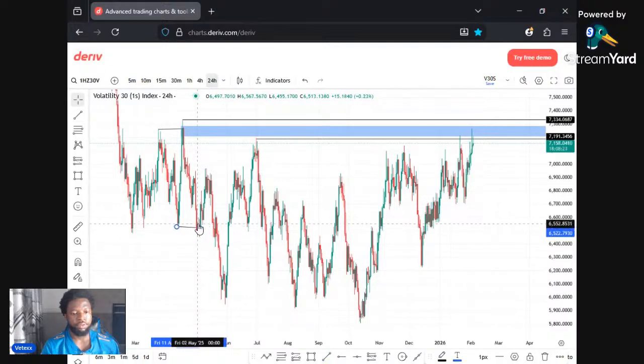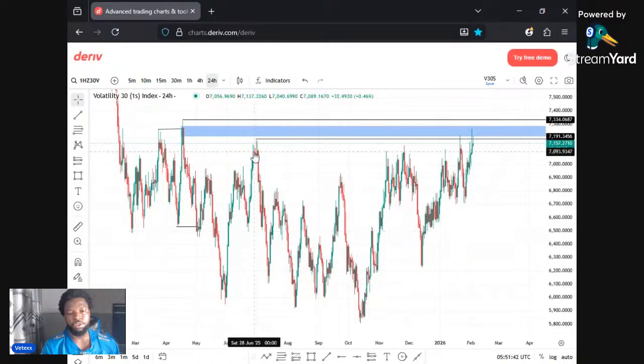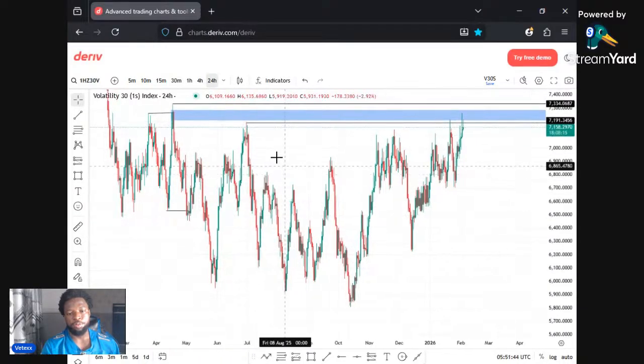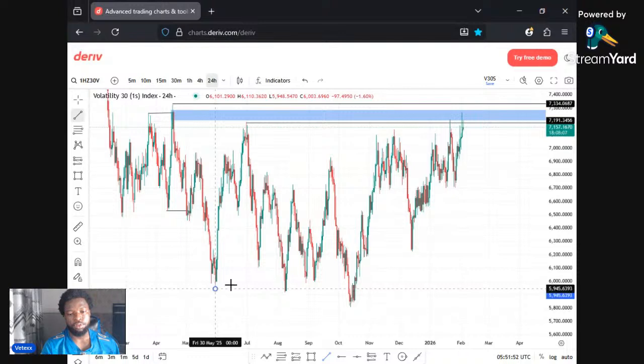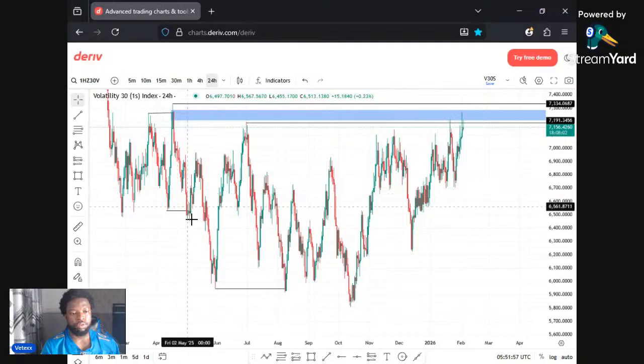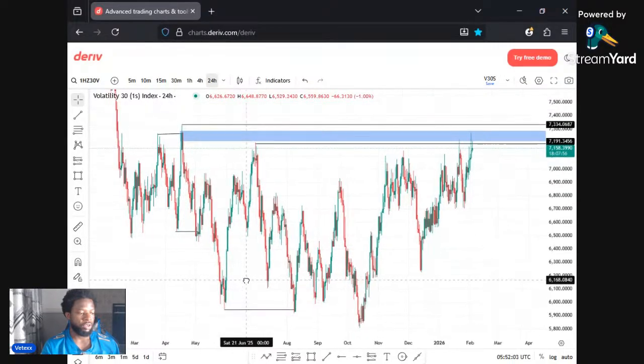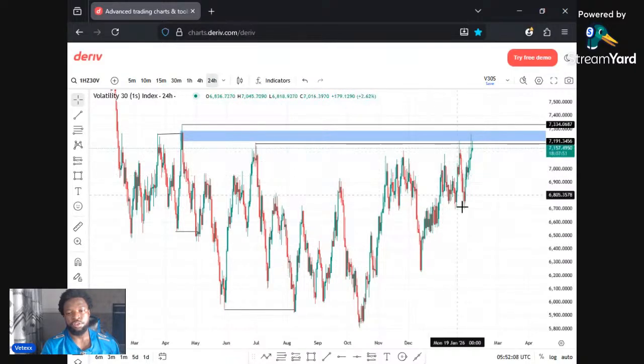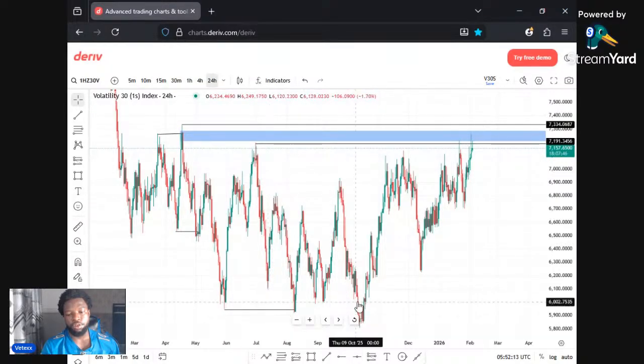Price retraced 50% to give us structural liquidity, which is here, and price broke the newly created low to give us our second break of structure, which is here. So: sweep of liquidity, first break of structure, structural liquidity, second break of structure. Then we have price tapping into the point of interest. This is the starting point, and this is the finish point.